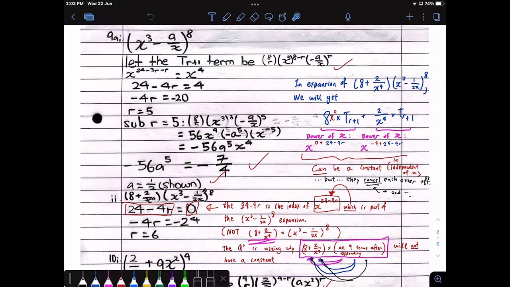Where did the file go? Sorry. Oh my goodness.